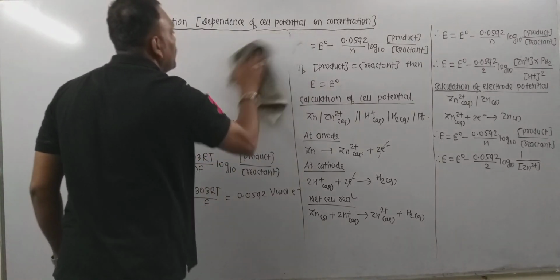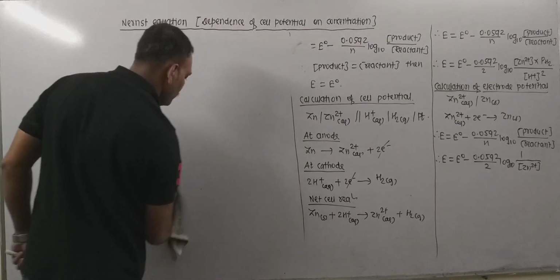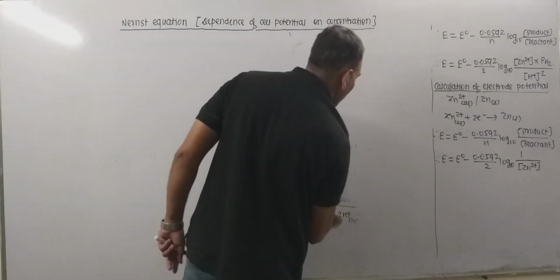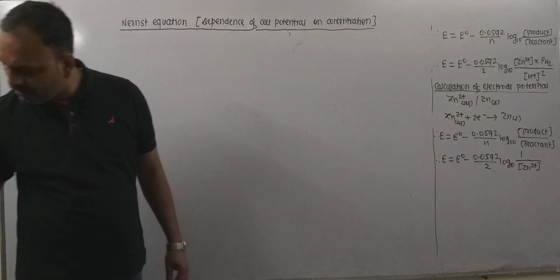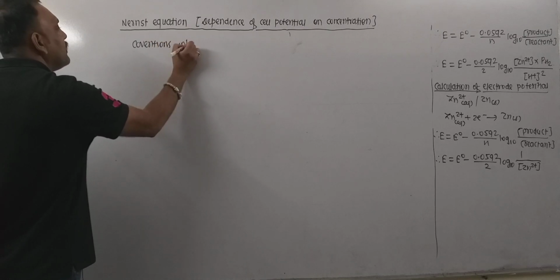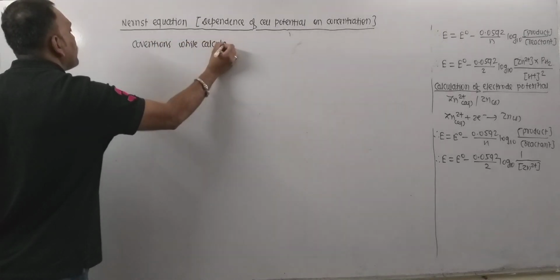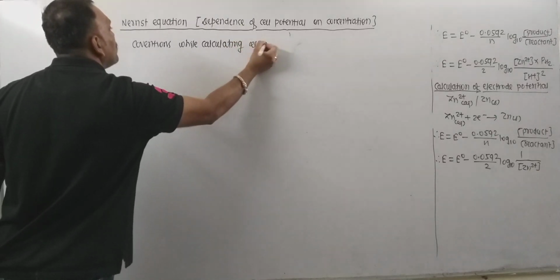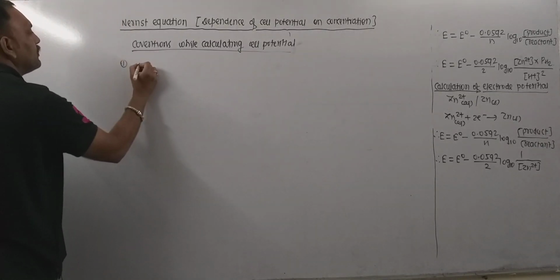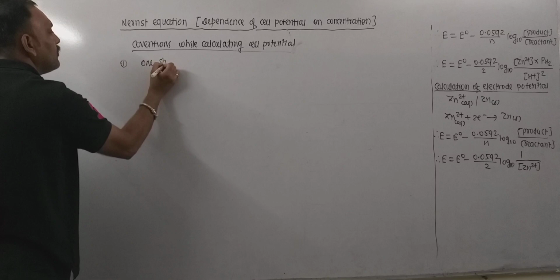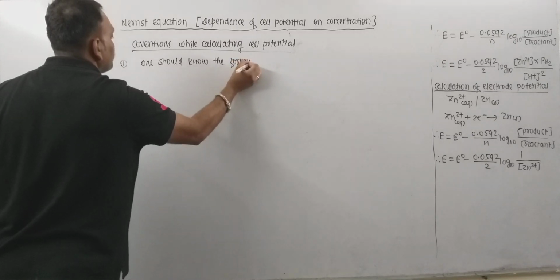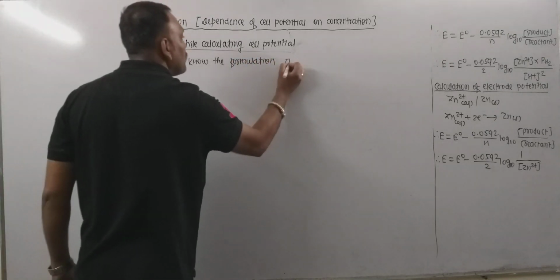The very important thing is, during the calculation of cell potential or electrode potential, first of all we should know the formulation of the cell.